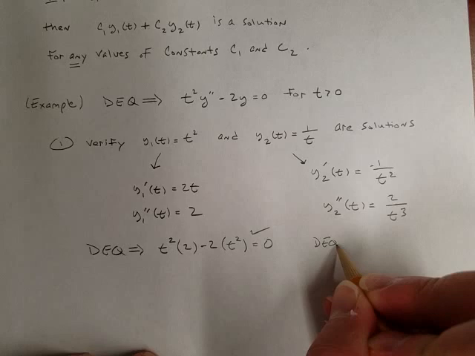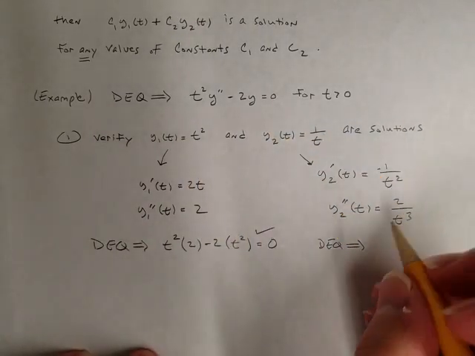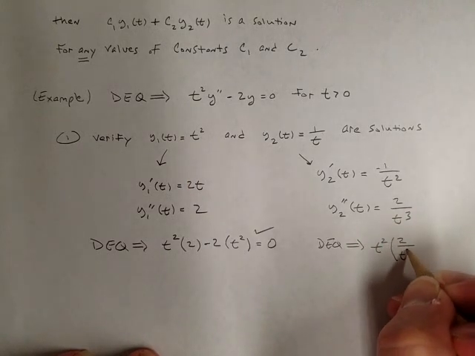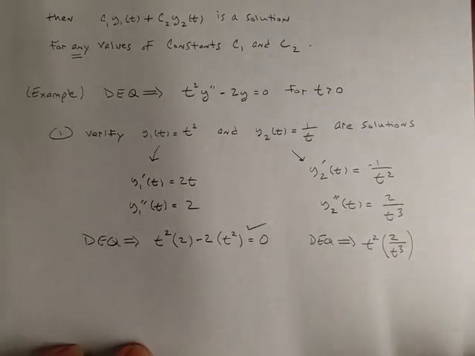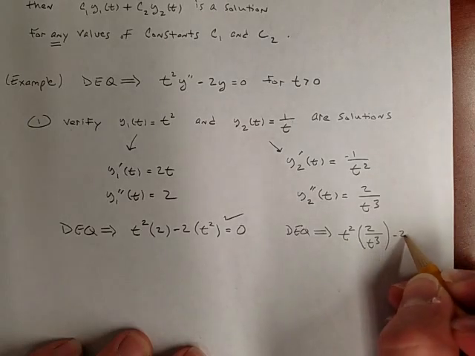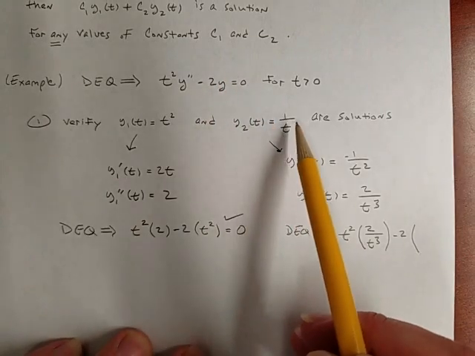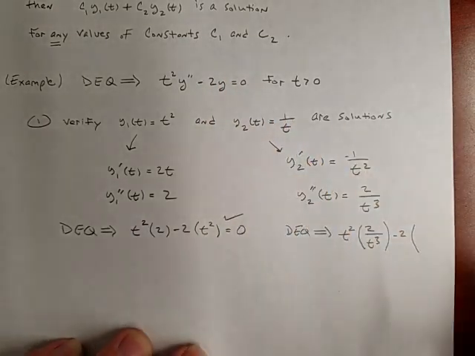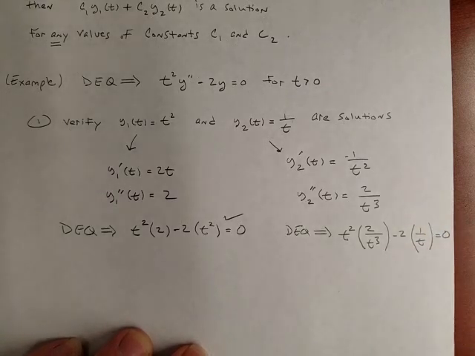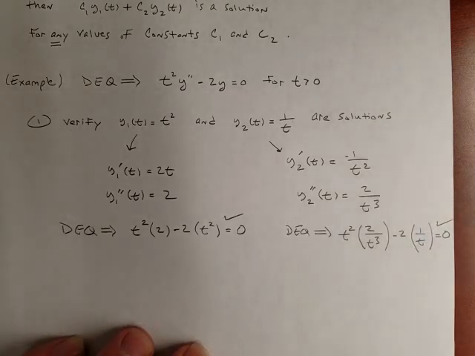So the differential equation in the case of that being a solution takes this form. t squared times 2 over t to the third power, minus 2 times y. So that'll be 2 times, what was our dependent variable in the case of that assumed solution? It is 1 over t. And is that equal to 0? Well, this is 2 over t, and that's also 2 over t, so it also works.